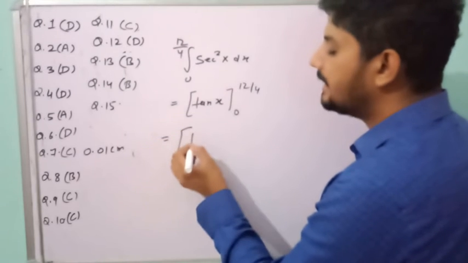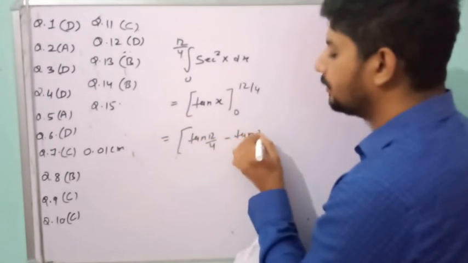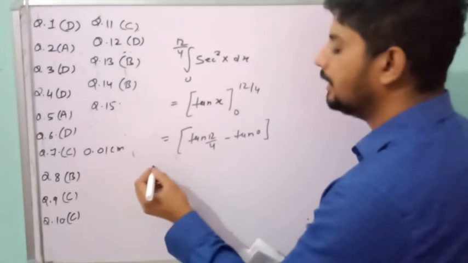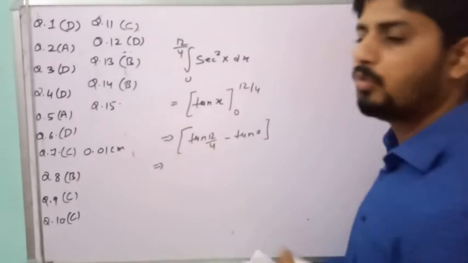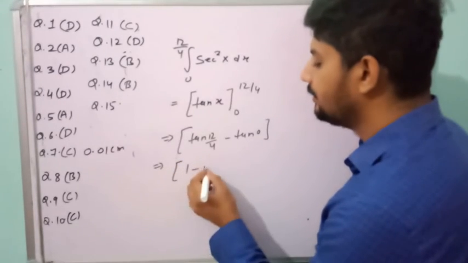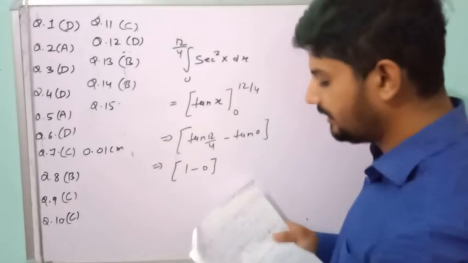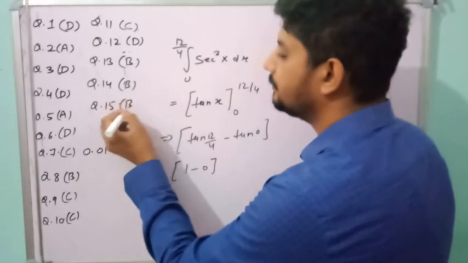Now upper limit minus lower limit. So upper limit is pi by 4 minus lower limit 0. So tan pi by 4 minus 0. Tan pi by 4 is tan 45, and tan 45 you will always get 1. Tan 0 is 0. So your answer is 1. So question number 15, option B is correct.